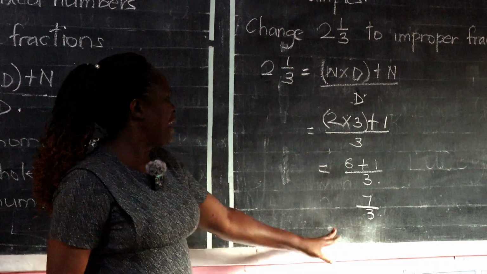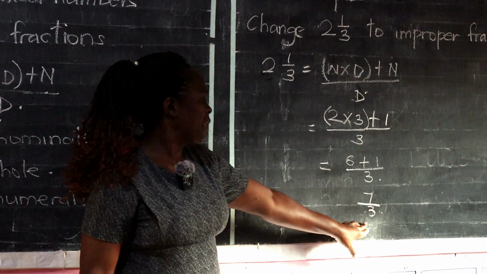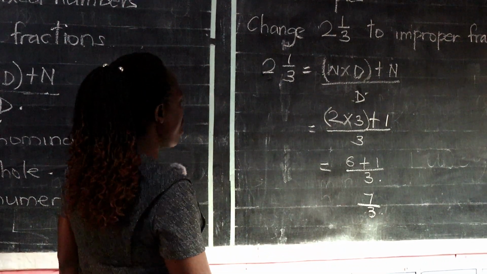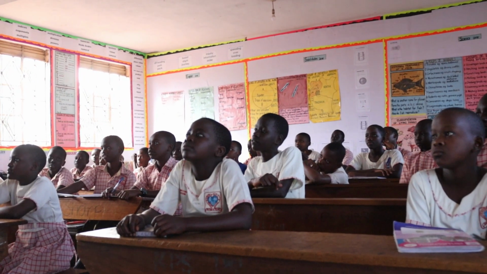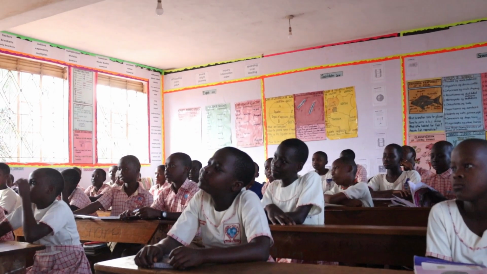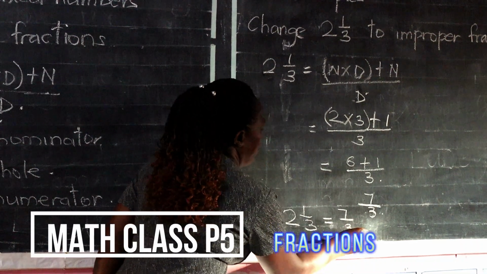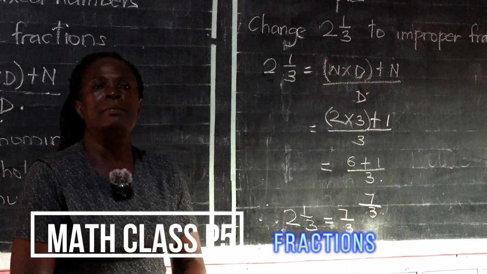You find that the numerator is greater than the denominator. Then conclude and say, therefore, 2 whole number and a third equals 7 out of 3. That is your answer.